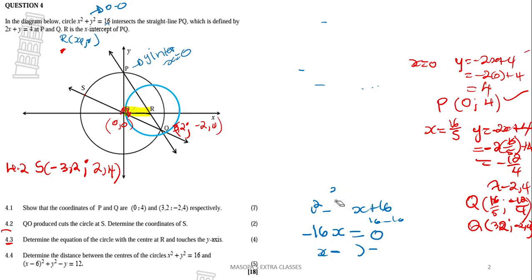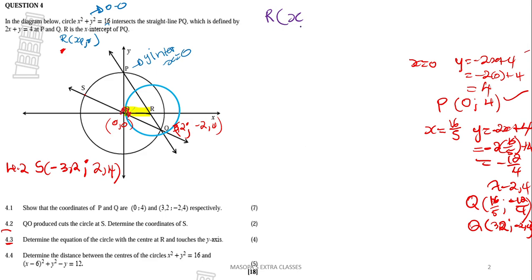Alright, now let's go and look for the coordinate of R. Remember that they say it's the x-intercept, meaning that we don't have the x value of R, but we do have the y value of R, which is 0, because for the x-intercept we are saying where y is equal to 0. Remember that our equation for PQ is y equals negative 2x plus 4.